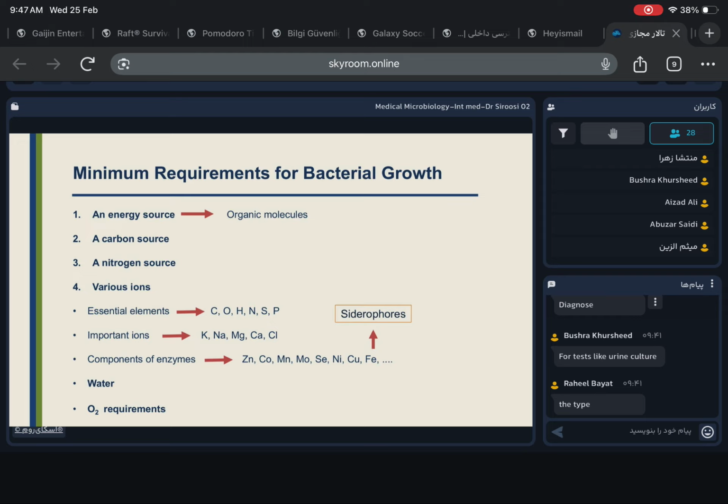So different bacteria have different energy sources, but medically important bacteria use organic molecules as the energy source. Example is sugars. Another minimum requirement for bacterial growth is a carbon source. Also, they need a nitrogen source and various ions.